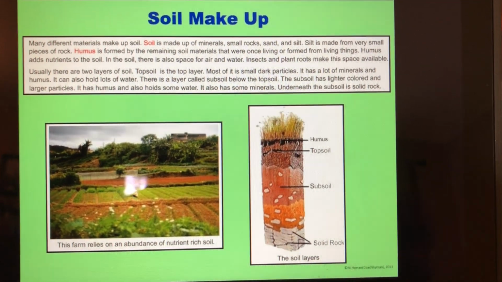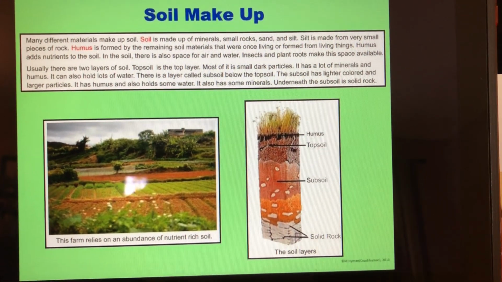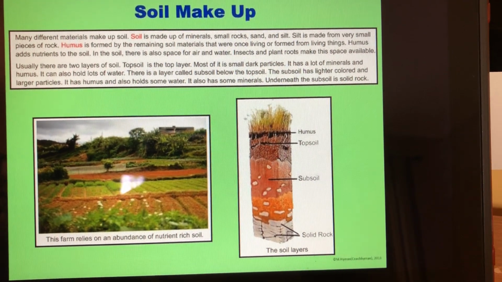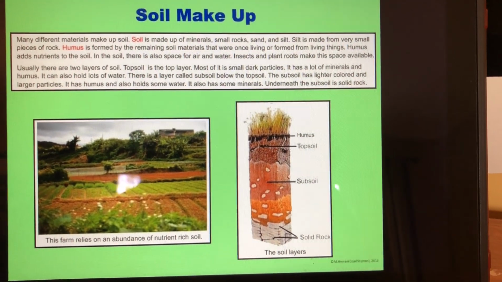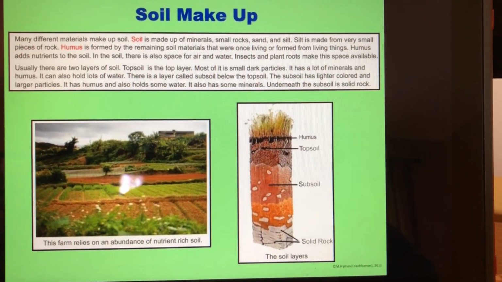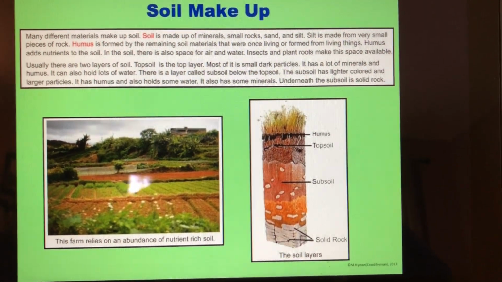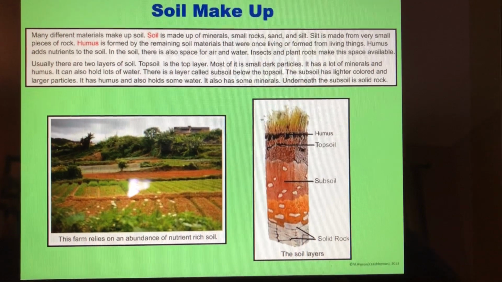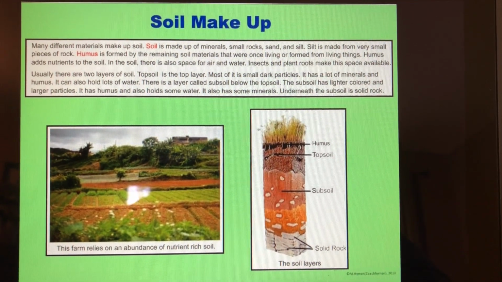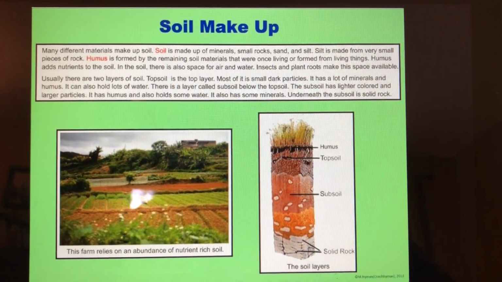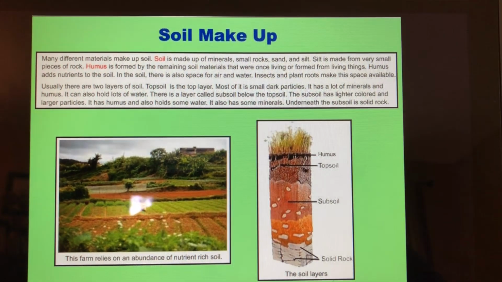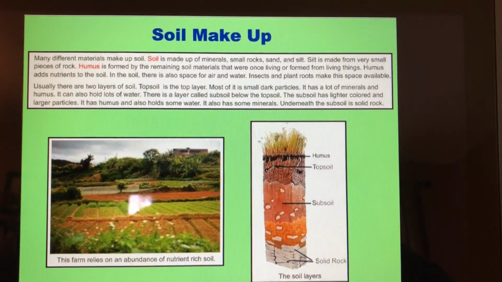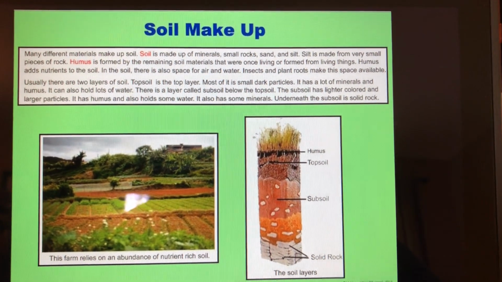Different materials make up soil. We know that plants need minerals, so soil is made up of minerals. It's also made up of small rocks, sand, and silt, and there is a big difference between those different materials. Silt is made from really teeny tiny pieces of rock.